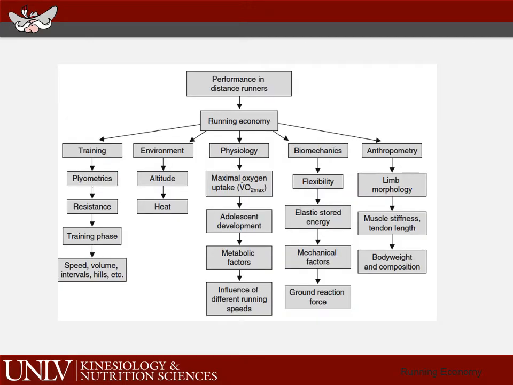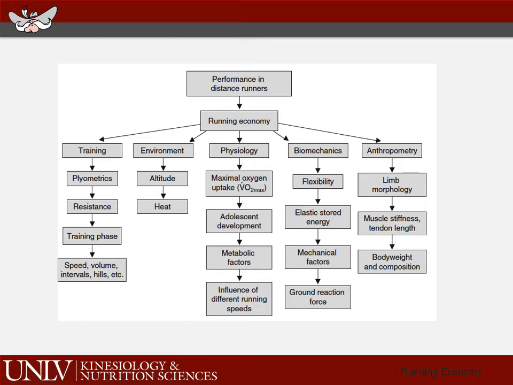So this is actually from one of the articles that I posted. It's a summary, and this is a description of different things that have an effect on economy and running economy. Again, this is strictly going to be towards running economy, but it can transfer in different areas and different magnitudes from different concepts to other endurance economies like cycling and swimming and rowing.